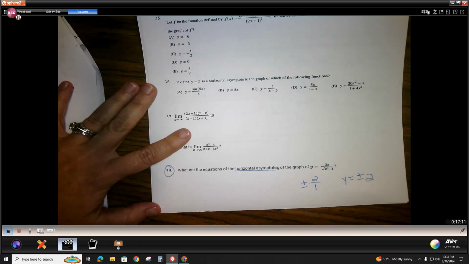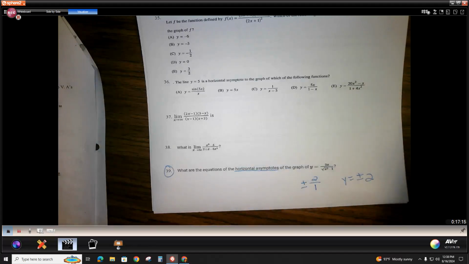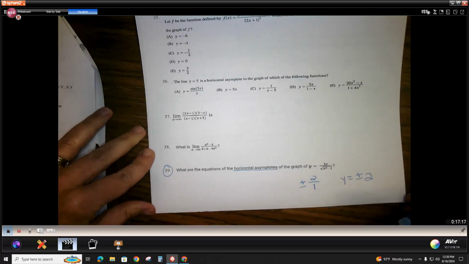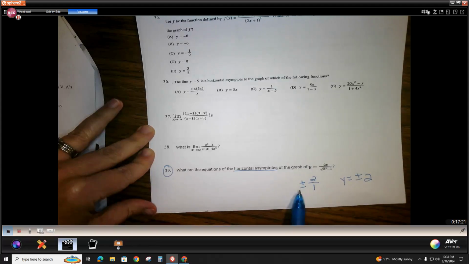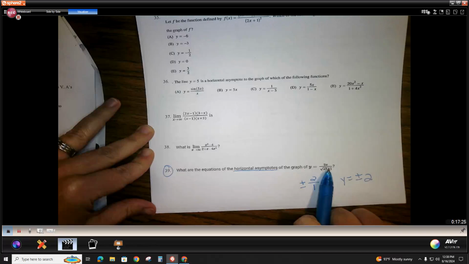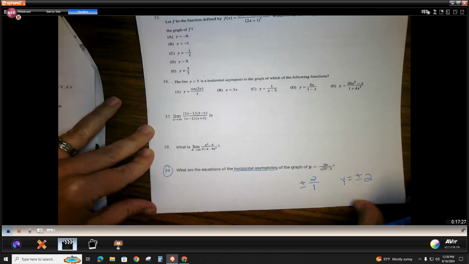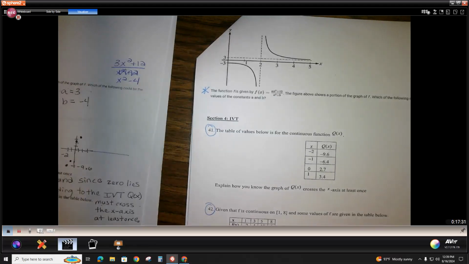So there's probably 2 horizontal asymptotes in this one, and as it approaches negative and positive infinity, you'll get to see that we're having those 2 horizontal asymptotes. So with the square root, it's always plus or minus, okay? And then we're just dividing those leading coefficients. I know those are the tricky ones.